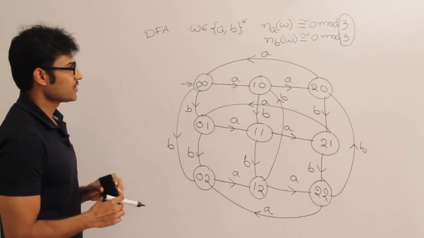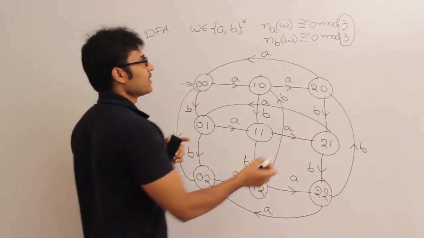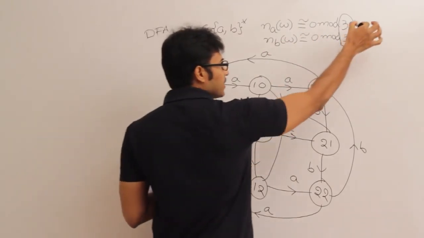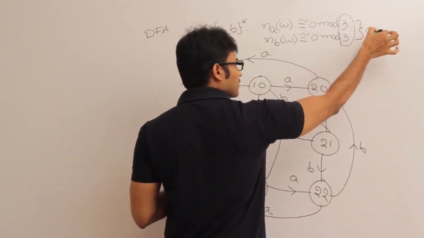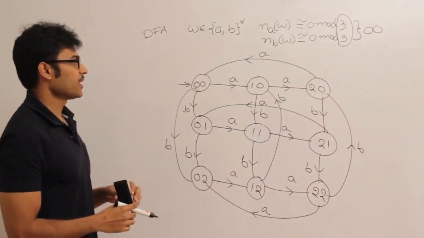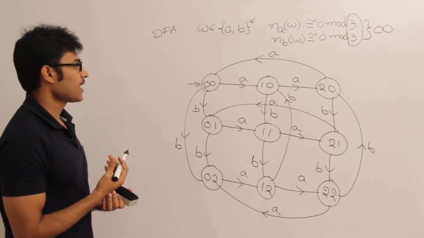Now the question asks that the number of A's should be divisible by 3 and the number of B's should be divisible by 3. Therefore, for this question, the final state is 0, 0. They can ask many other kinds of questions.